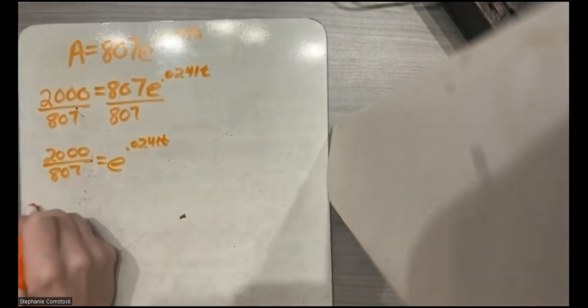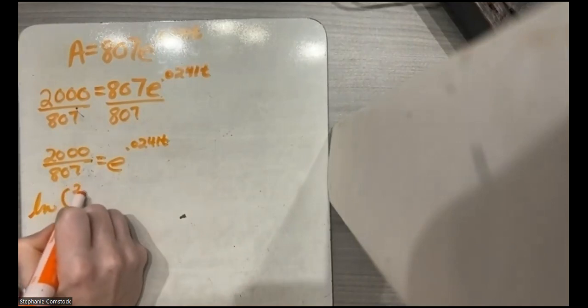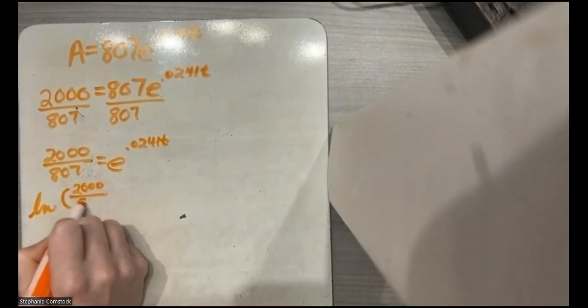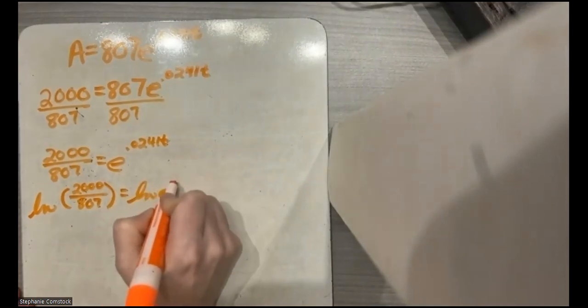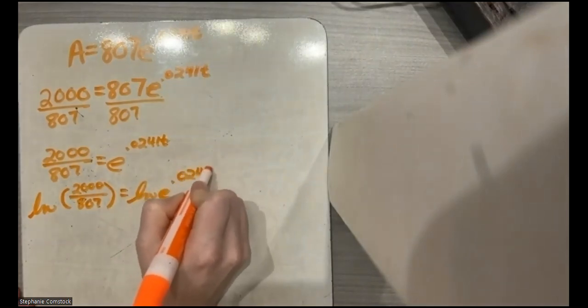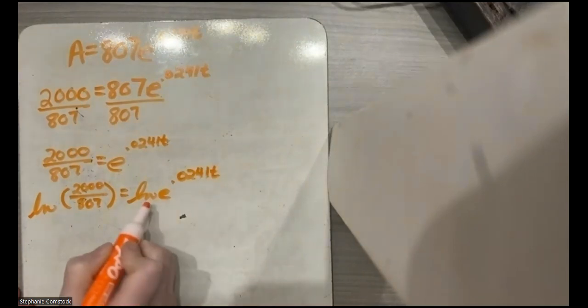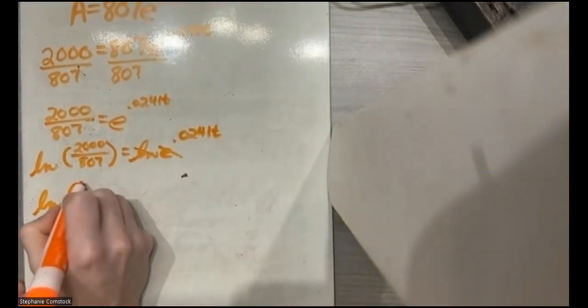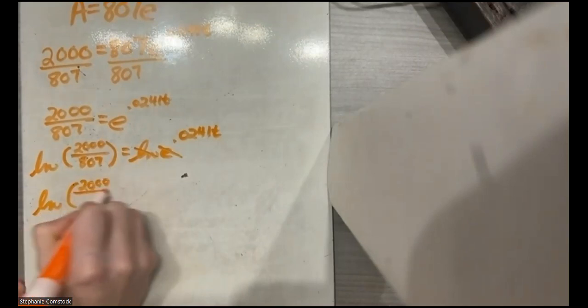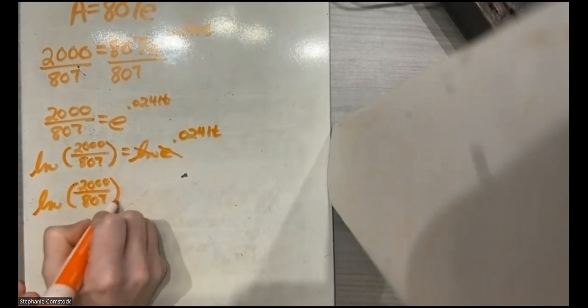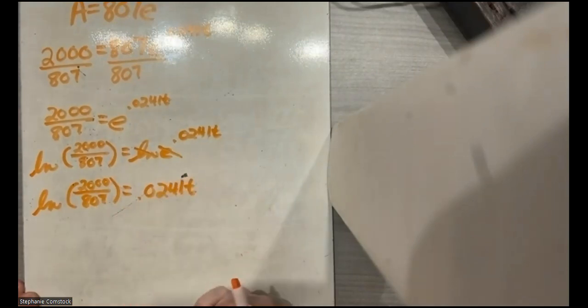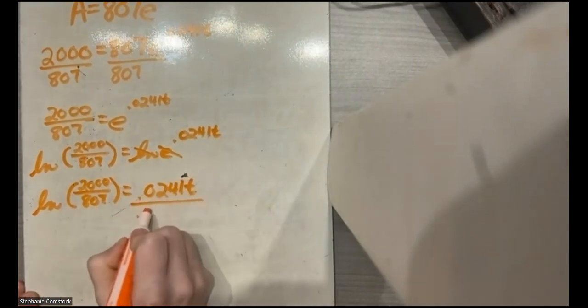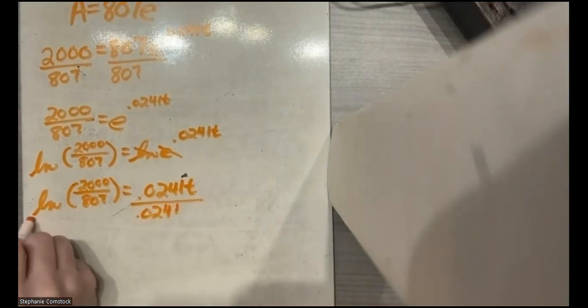I'm going to take a natural log on both sides. Again, I'm going to save all my math to the end, just so that I can be as accurate as possible. Again, that natural log and e are going to cancel off. So now I've got natural log of 2,000 over 807 equals 0.0241 T. I'm going to divide by that 0.0241.